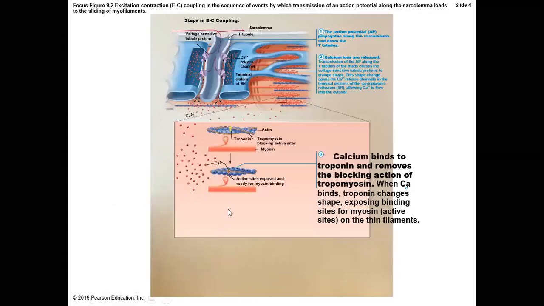So, we are at the sarcomere now. Remember, a myofibril is hundreds to thousands of sarcomeres. But calcium binds to troponin, which is the larger but lesser amount of protein that's blocking the actin. That causes a conformational shape change in the troponin, which moves the tropomyosin away from the binding sites.